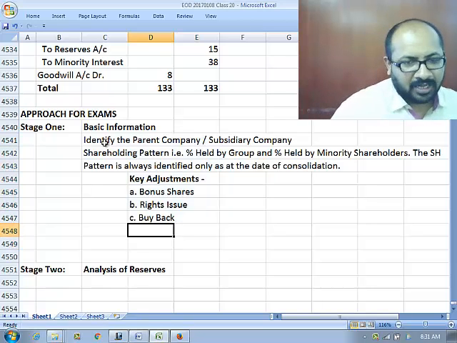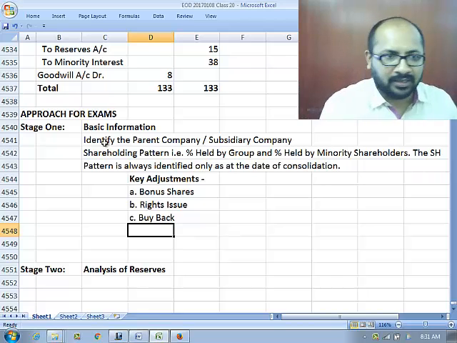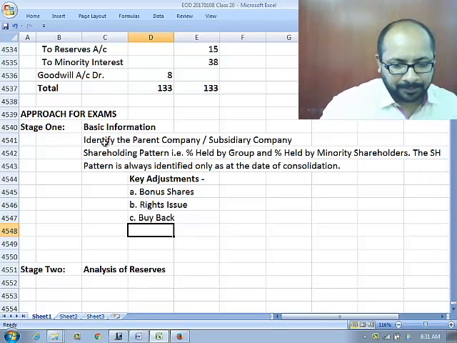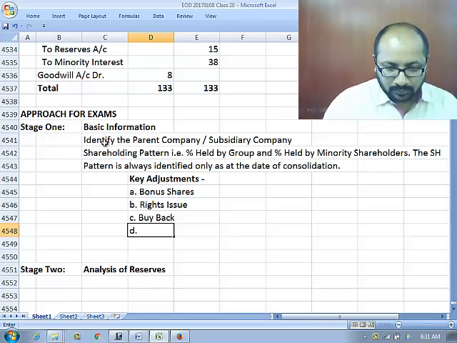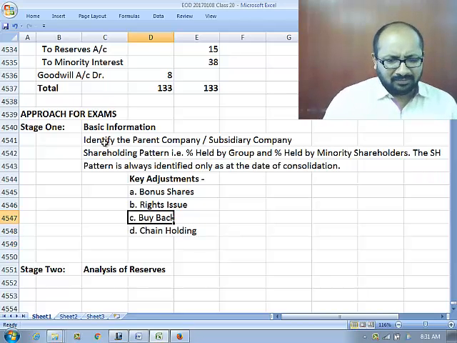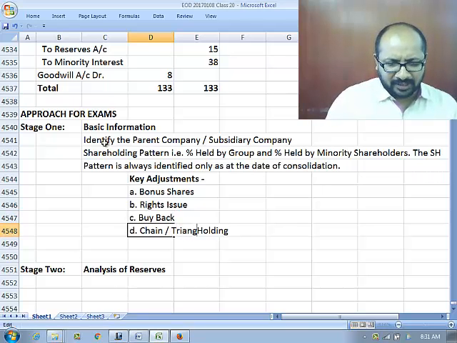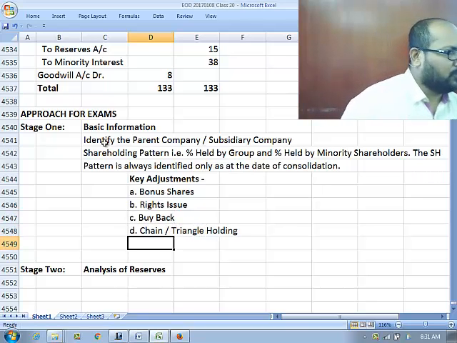But anyway, buyback, these are impacts we need to address, and something called chain holding completely. Chain, triangle, many people use it. I'll just mention what it is. I own 40%, my subsidiary owns 30%.